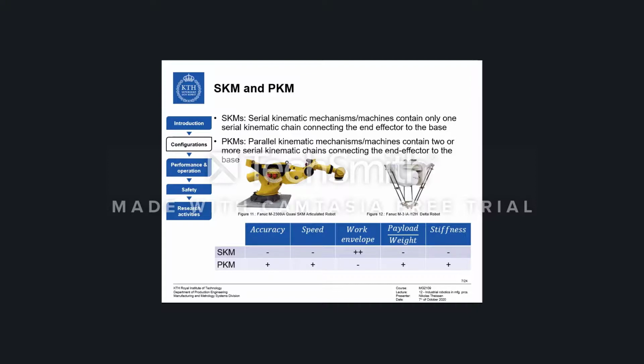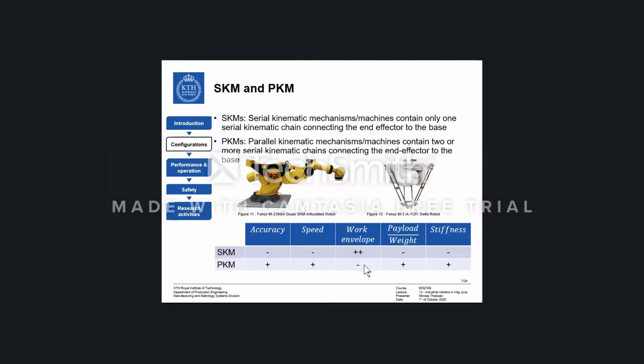So, to summarize, PKMs tend to outperform SKMs in a lot of performance metrics. Nevertheless, there are many more SKMs than there are PKMs. And that is due to the fact that they are predominantly found in applications that require precision in big workspaces and are subjected to small external loads, as for example spot welding applications, or that require no precision in big workspaces and are subjected to high external loads, as for example material handling applications.